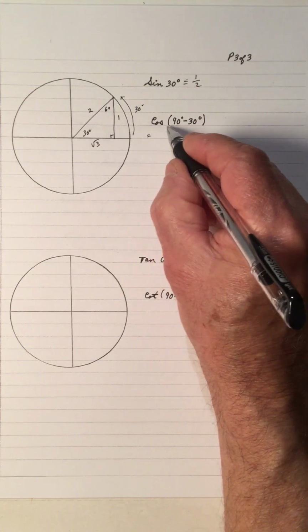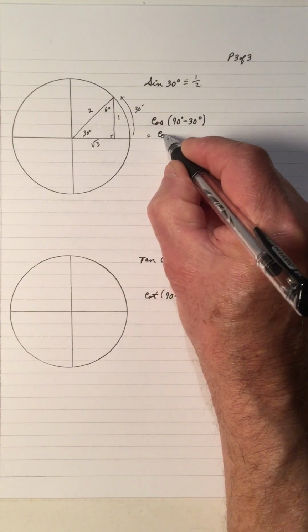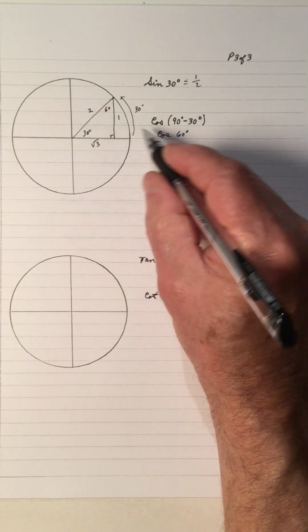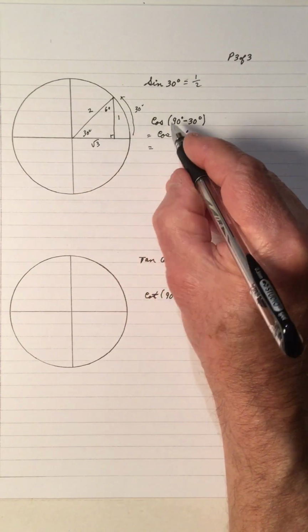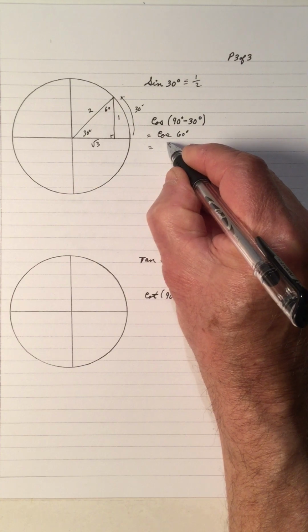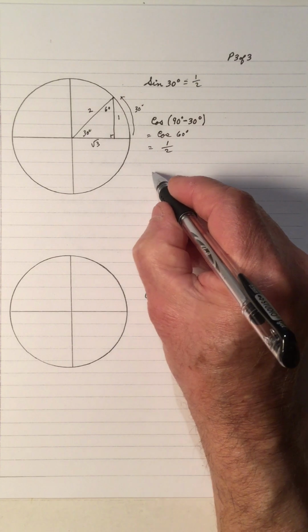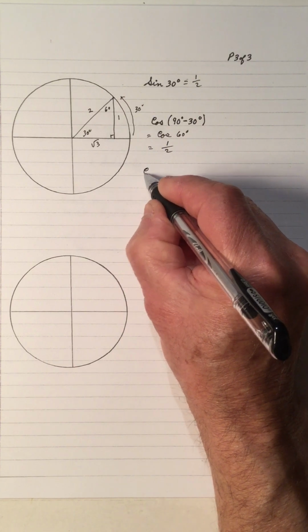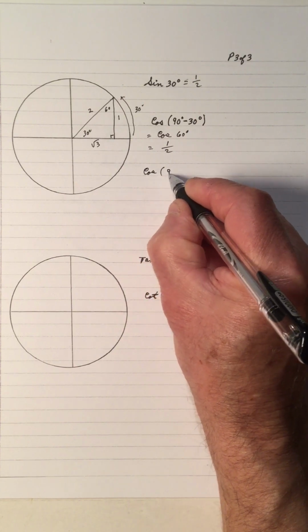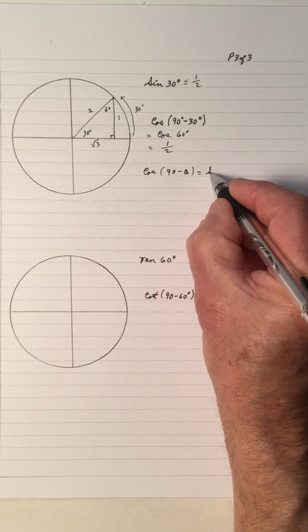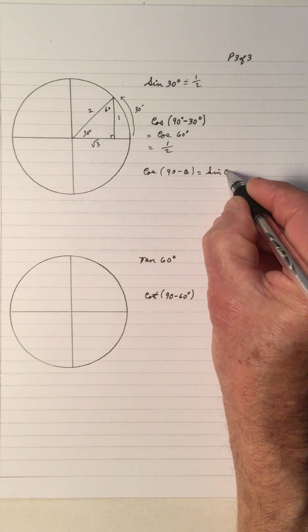Now, the cos of 90 minus 30 is the same as the cos of 60. For 60, cos is the adjacent, 1, over the hypotenuse, 2.